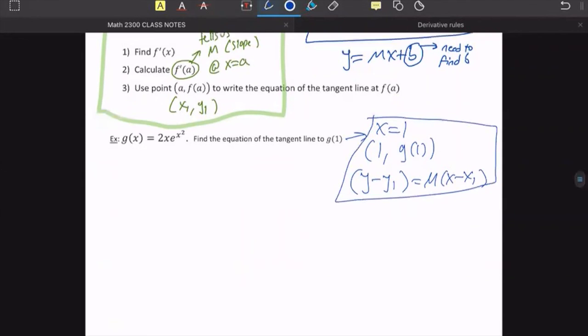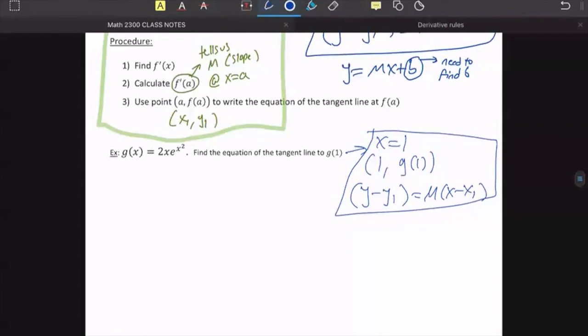Let's just spend a few minutes trying these three things. There are the three steps. See what you can do. I'll wait a minute and then slowly start writing the answer down. I just did the derivative on the previous page, so hopefully you have that.